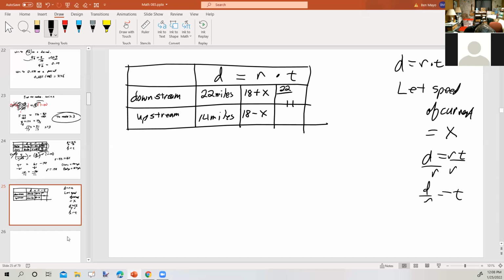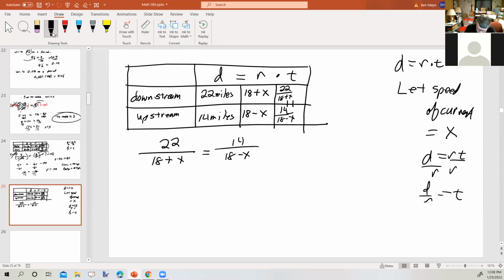So this is 22 over 18 plus X, and this is 14 over 18 minus X. The times are the same, so 22 over 18 plus X equals 14 over 18 minus X. Okay, 22 over 18 plus X equals 14 over 18 minus X. And I believe I set it up correctly this time, hopefully.